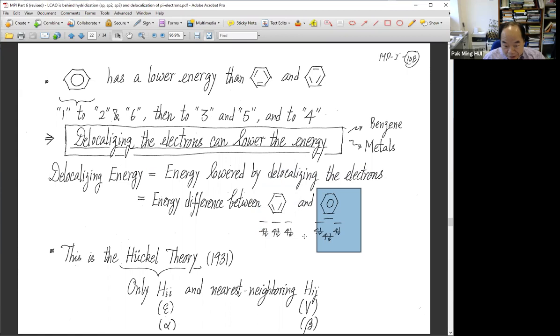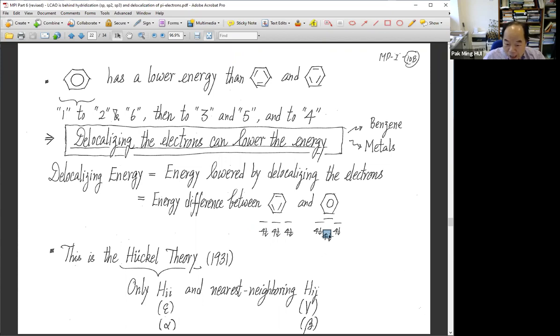Obviously, the difference is 2 times this difference, right? Okay, because this is the same as that. Only one of these two electrons now has a little bit lower energy, okay?